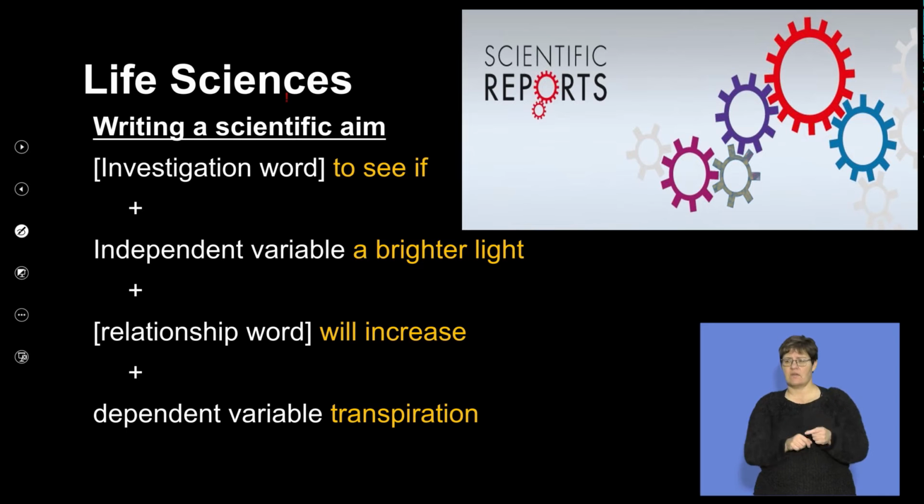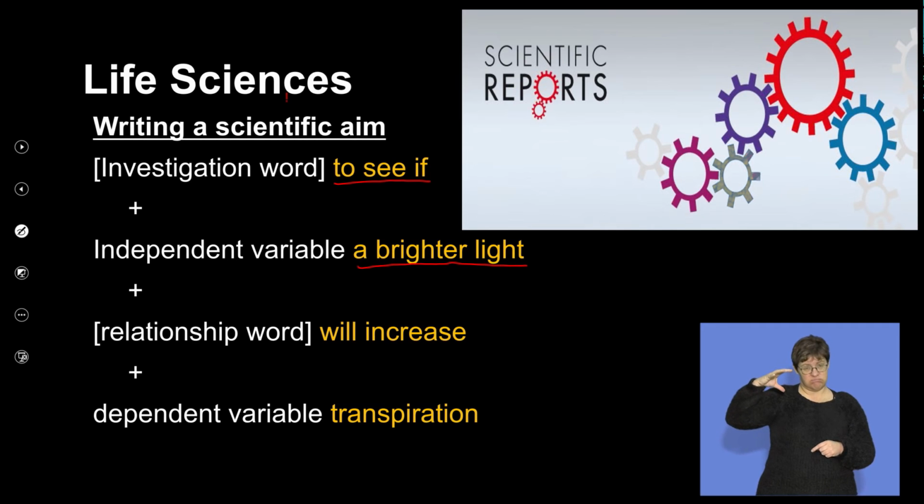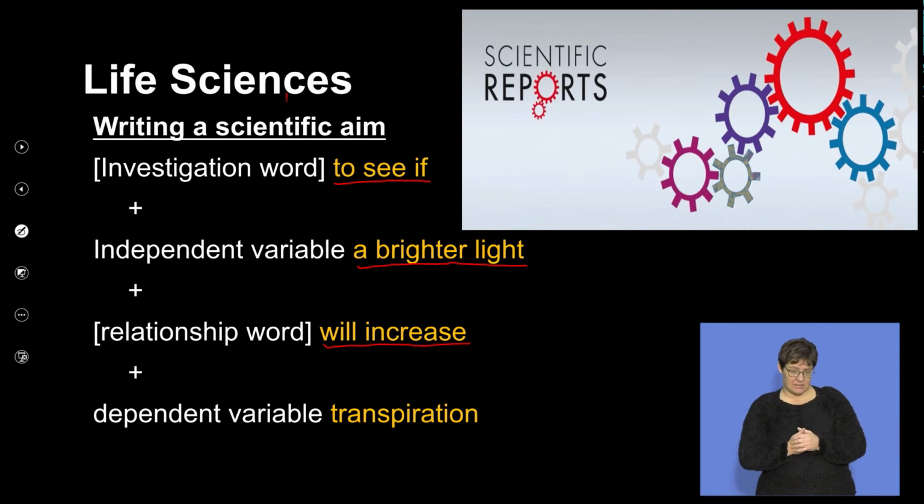The investigation word was "to see if." It could be "to determine whether," "to find out if." Then they mention their independent variable, which is the brightness of the light. Then they mention the relationship word. In other words, what's that going to do? Will it increase or decrease? Then, what are they going to measure? They are going to measure transpiration.